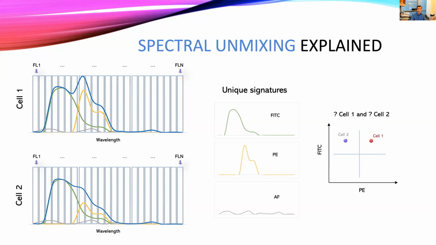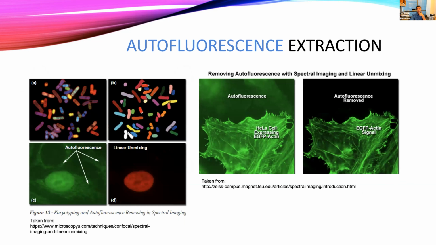Because normally in a classical flow cytometer, when we're looking at FITC, we're looking at FITC plus autofluorescence, right? We're looking at PE plus autofluorescence. So we're not able to extract that autofluorescence from our data and from each channel. So again, with full spectrum flow cytometry, we can do that. And the advantage is that it can give you, in some cases, amazing results.